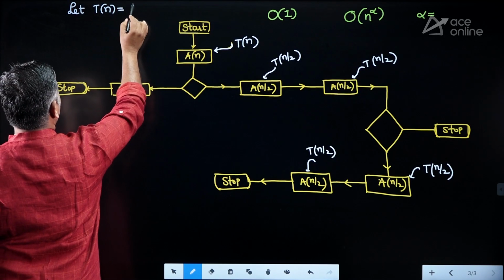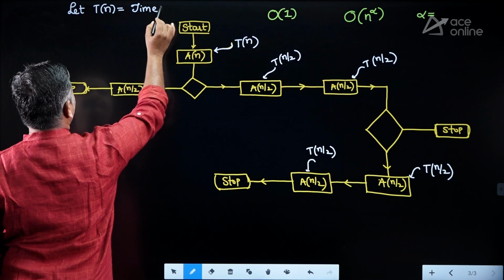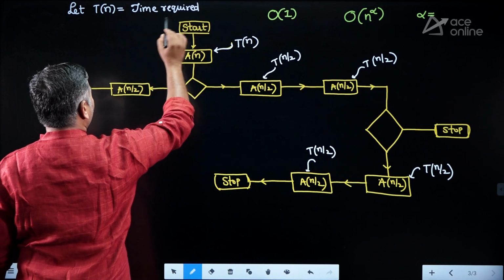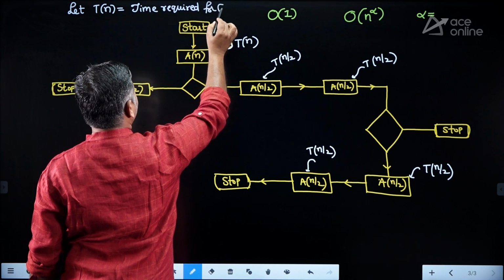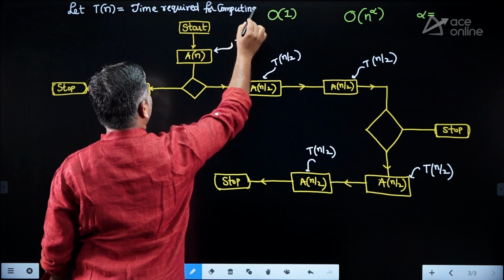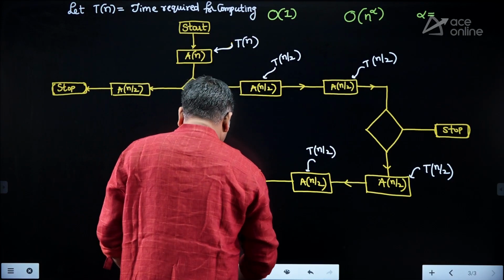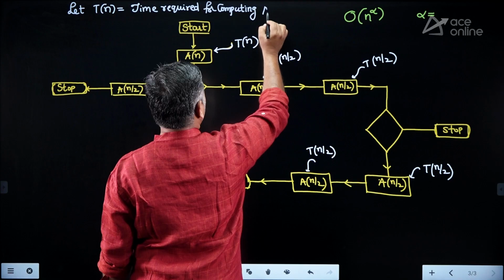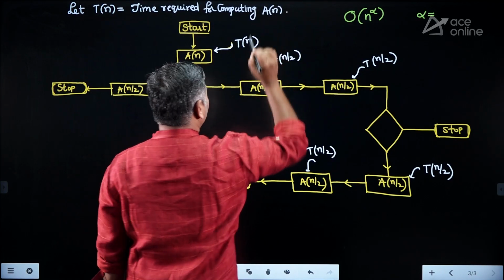T of n is the time required, or time complexity, for computing A of n.